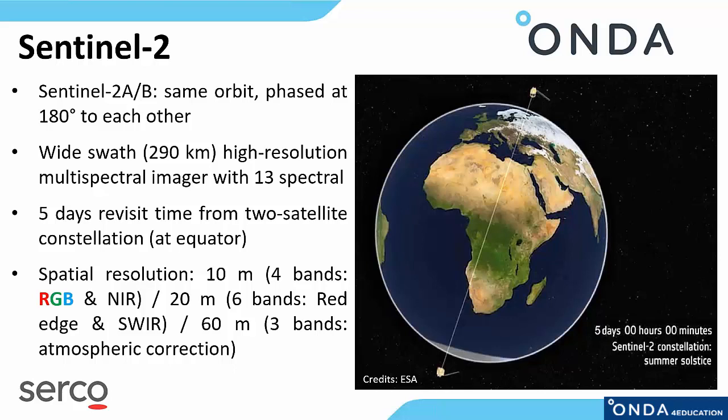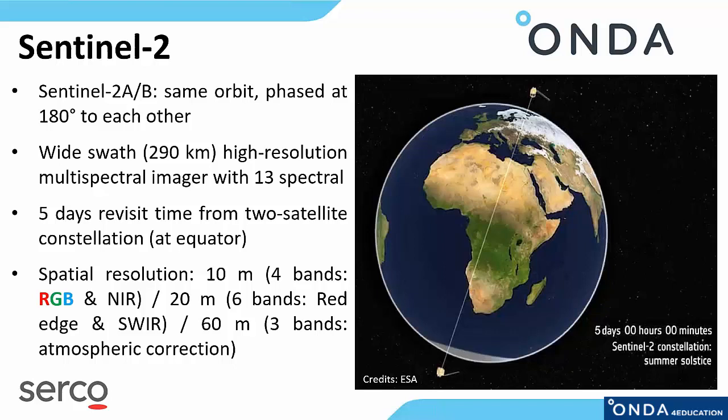for the same reason. When talking about optical data, the main characteristics are the number of spectral bands. In this case, we have 13 spectral bands that go from the visible to the shortwave infrared. The other key aspect when talking about optical data is spatial resolution.